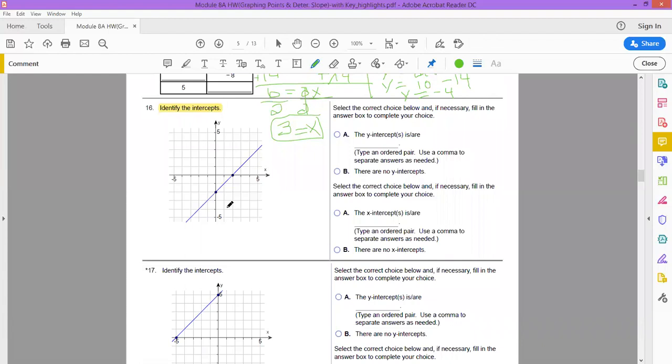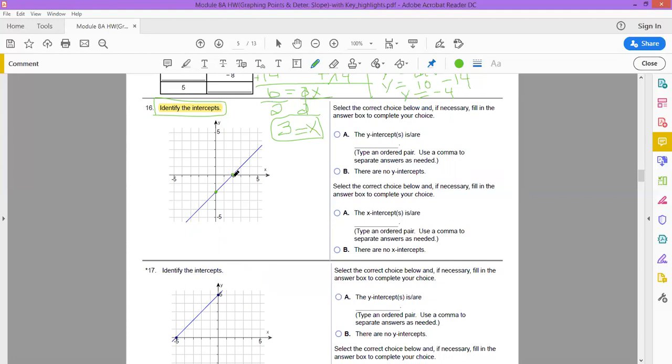Let's look at number 16. We're identifying the intercepts. We have 1 point here on the x-axis and 1 point here on the y-axis. Let's go ahead and write those ordered pairs. I'm looking at my spaces. I see a 5 here, but I don't see numbers representing each of these little spaces.